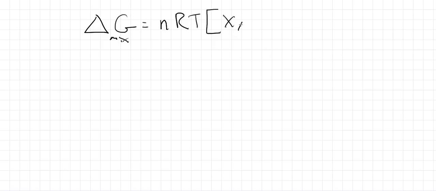So we've got two equations now for mixing ideal gases. We said delta G of mixing was going to be nRT times xA log xA plus xB log xB.